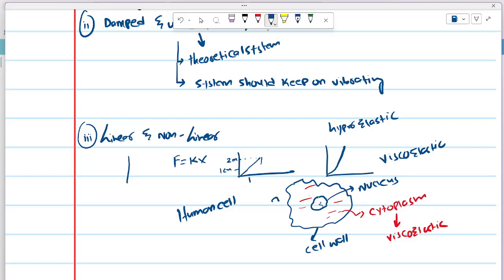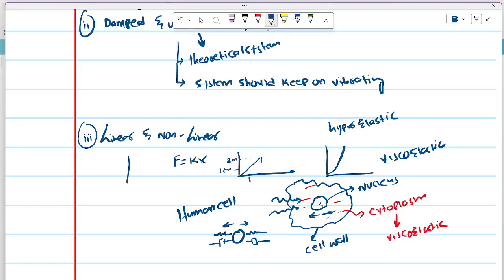If you apply sound waves onto this nucleus, the nucleus will vibrate in the cytoplasm. Because the cytoplasm is viscoelastic, it has elasticity and it has viscosity. So the nucleus will have some spring effect and some damping effect from the cytoplasm on both sides. The nucleus will keep on vibrating like this, and the cytoplasm will resist the vibration.